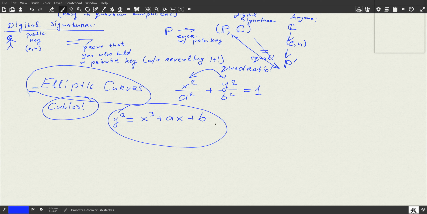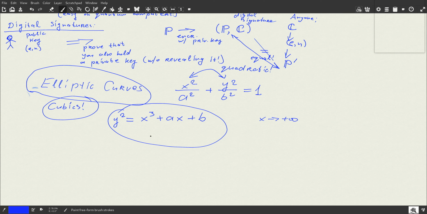Obviously, as x tends to plus infinity, the right-hand side sooner or later will become positive, and it is going to infinity as x cubed. And therefore, for sufficiently large values of x, there would be 2 values of y. But in general, for small x, and depending on the values of a and b, there could be quite different behaviors of these elliptic curves.